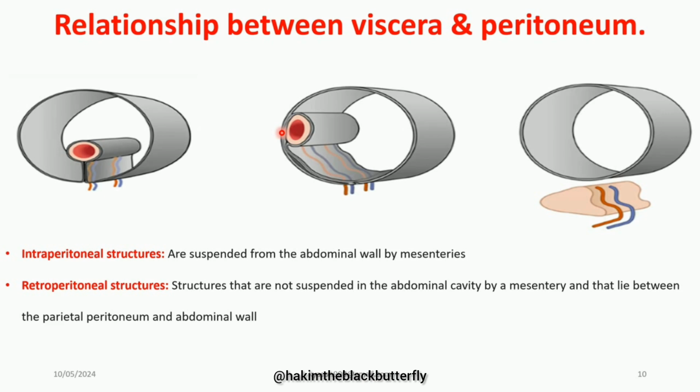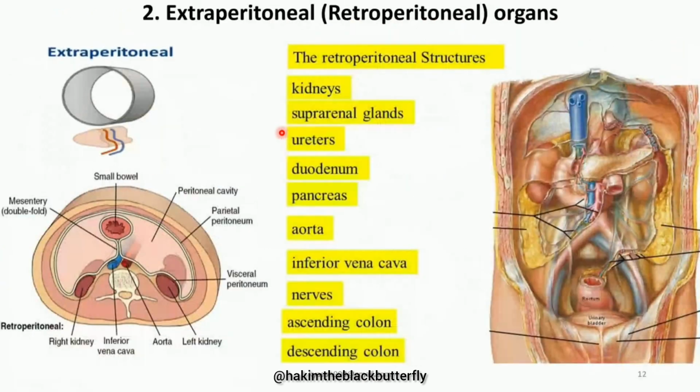For example, the ascending colon and the descending colon, the first part of the duodenum, the tail of the pancreas.